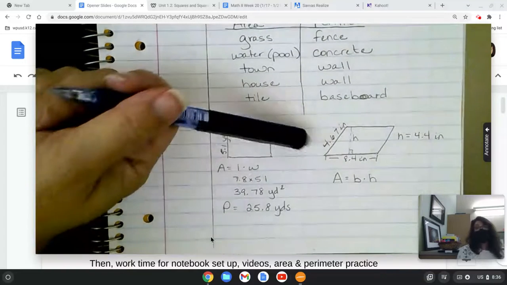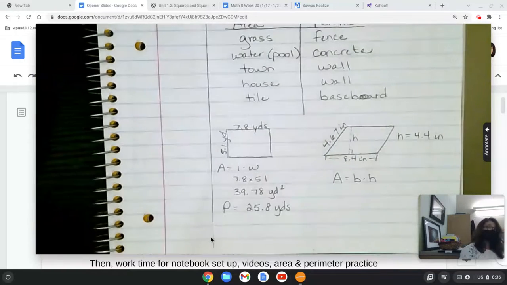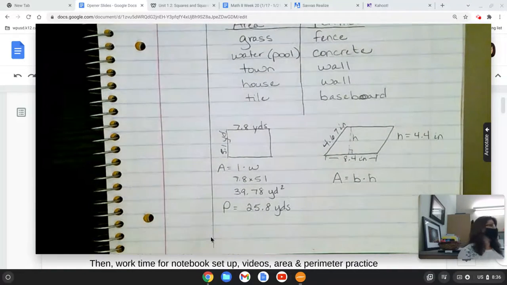So for that one, number 5, give it a try. Area and perimeter in your groups. Talk to each other.